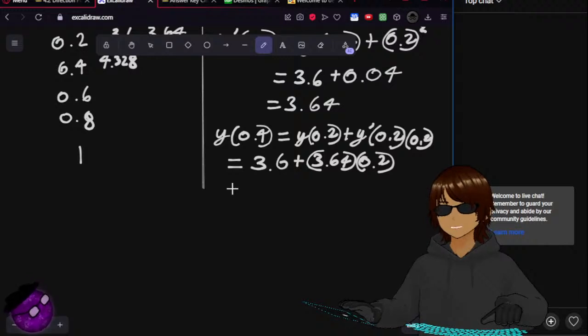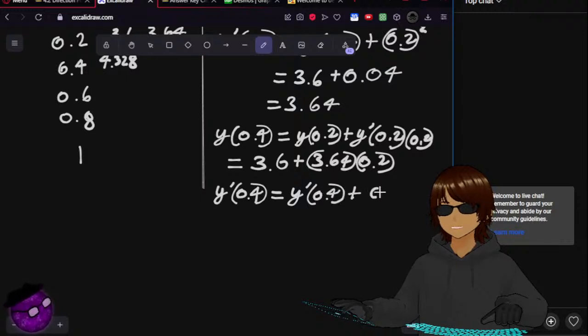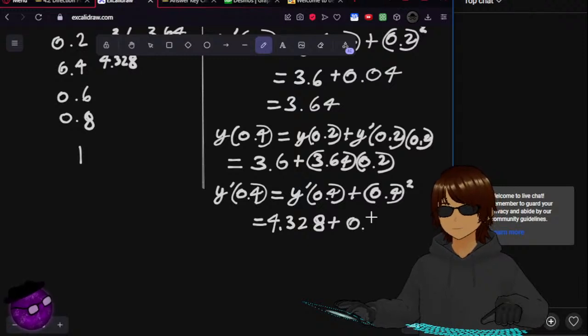The derivative is the y value at 0.4 plus 0.4 squared. 4.328 plus 0.16.